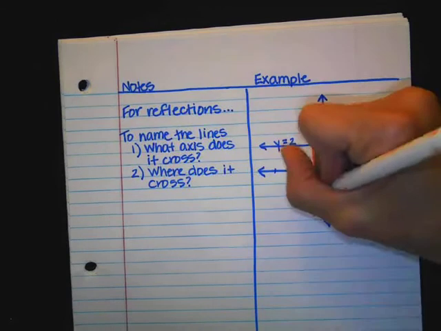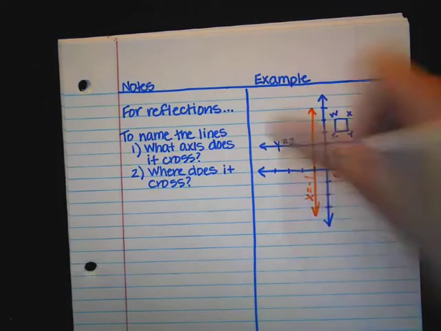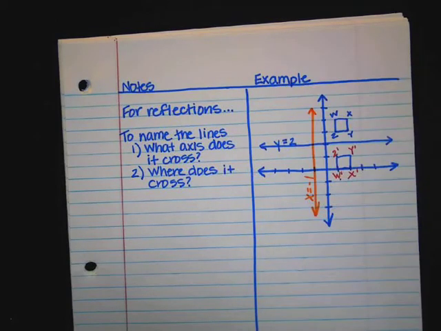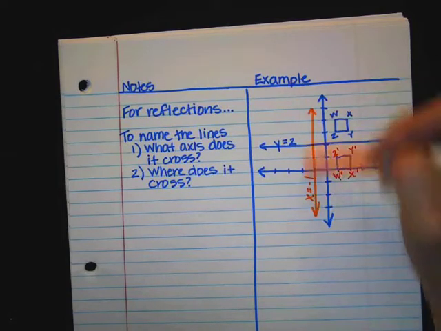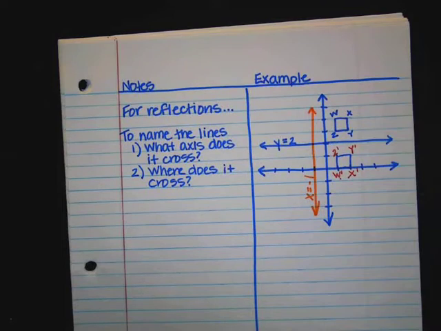So this line of reflection is x equals -1. So if we have to take WXYZ and reflect it over x equals -1, if it's not drawn in, you can draw it in now. Or at least you know where it is and what its name is. X equals -1.